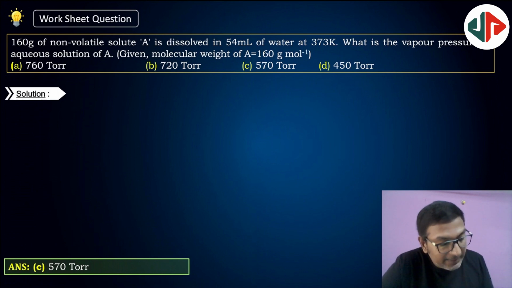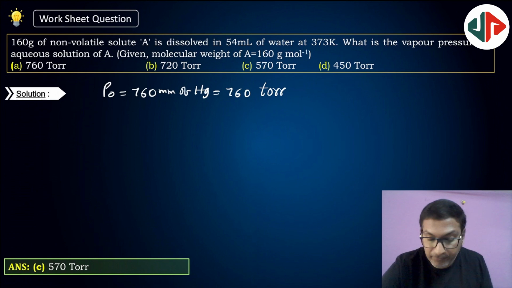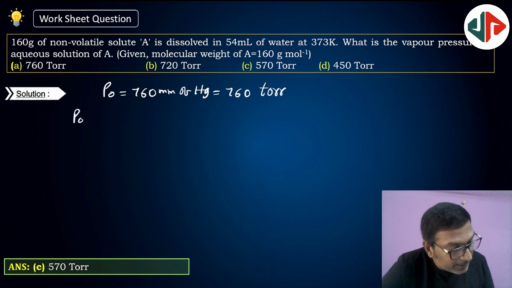So 373 kelvins means take P naught as 760 mm of Hg or 760 torr. Both are the same.